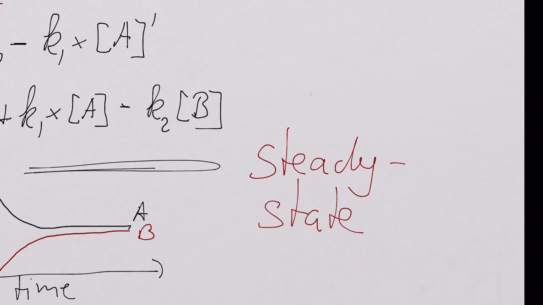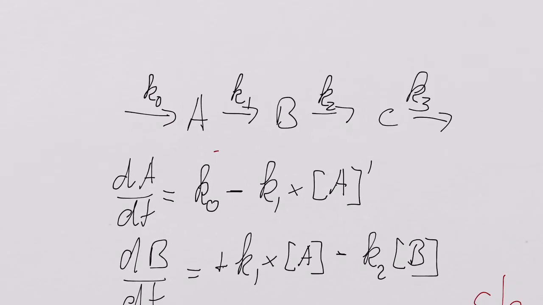And in this case, steady state is not a bad thing. In the case of an equilibrium, equilibrium is boring, nothing happens. But here, B is constantly converted to C, C is constantly converted to D, and so on and so forth.